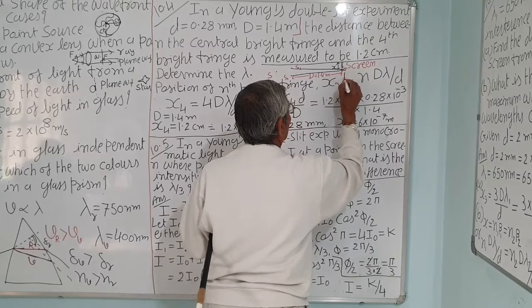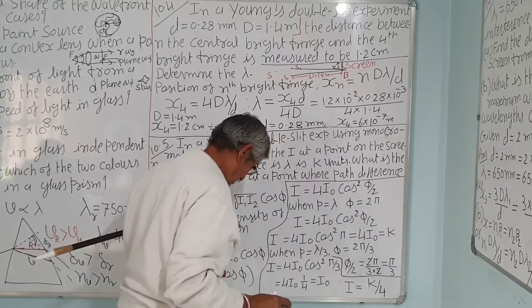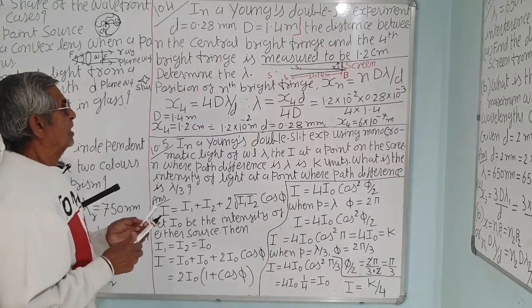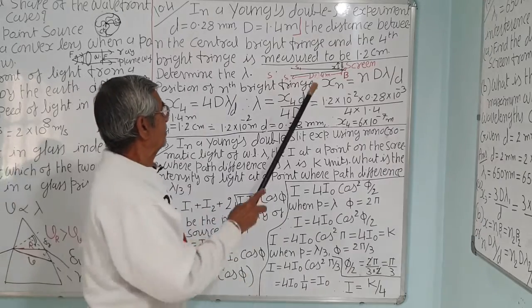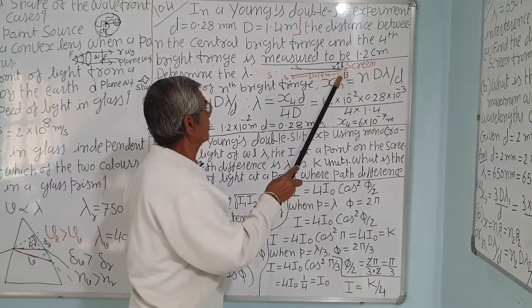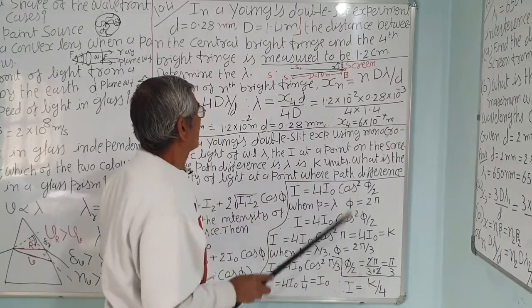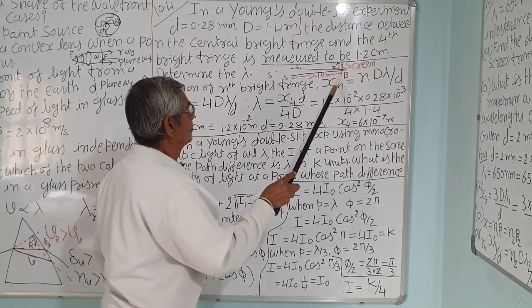At O, you will get the bright fringe. Then after, alternately dark and bright. In between the bright, there will be dark. This is the first bright, this is the second bright, this is the third bright, and this is the fourth bright. Similarly, this side also, first bright.